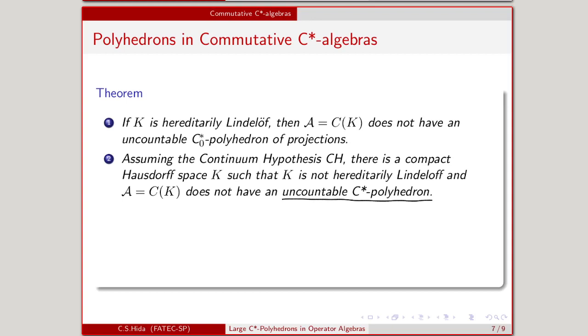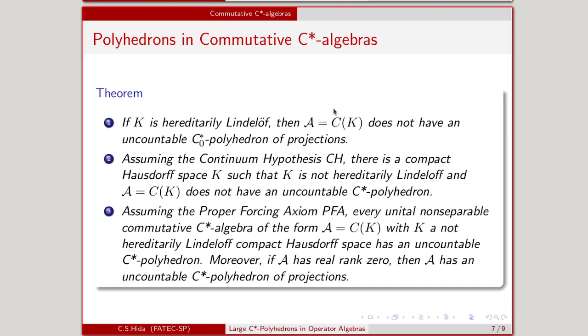Actually, this result comes from the same result in Banach space, because it's easy to see that every C-star polyhedron is in particular a polyhedron. So the same example that we use in Banach space, of the form C(K), works in this situation.